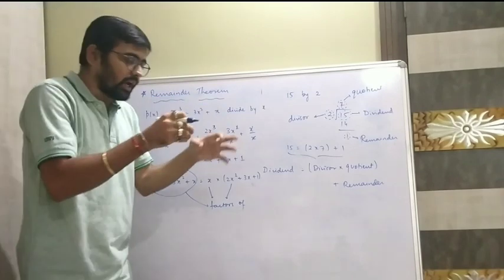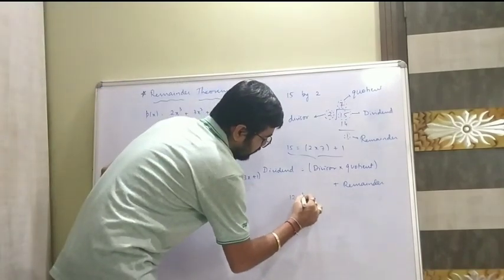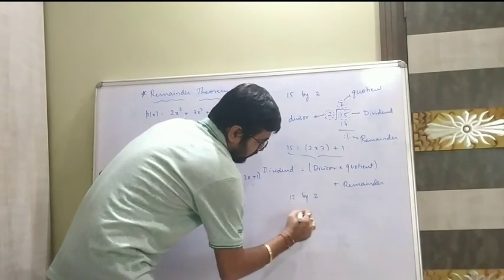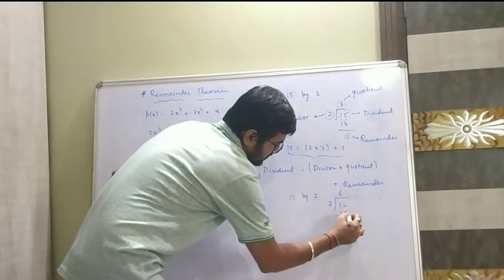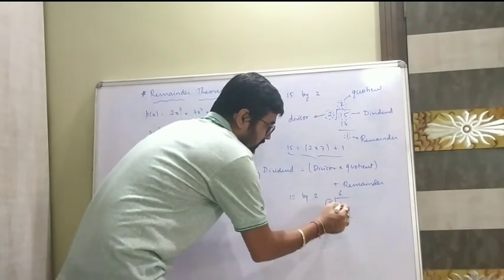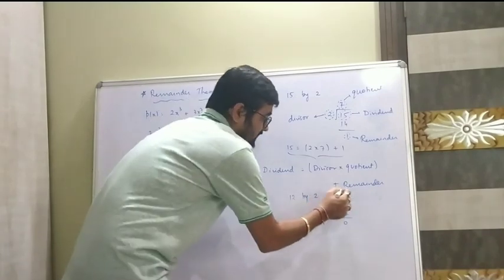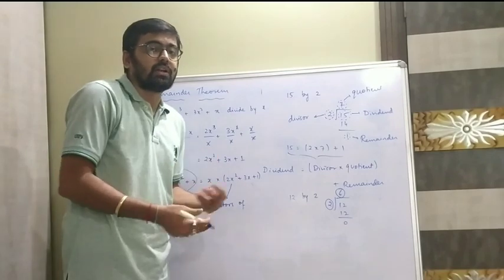Let me put it into your head with an easy example. Suppose you have 12 and you divide it by 2. 12 here, 2 here, 2 sixes are 12, your remainder will be 0. So can I say that 2 or 6 is a factor of 12? Am I right?